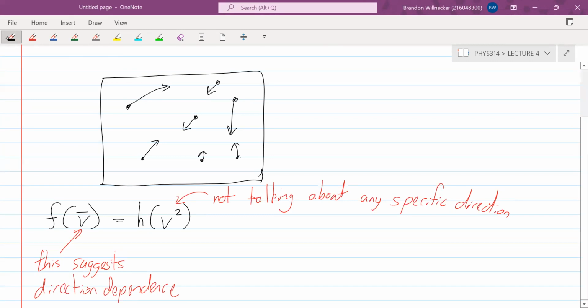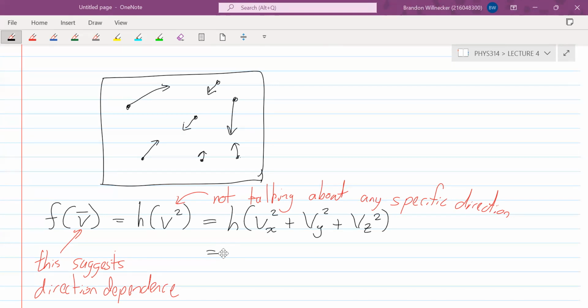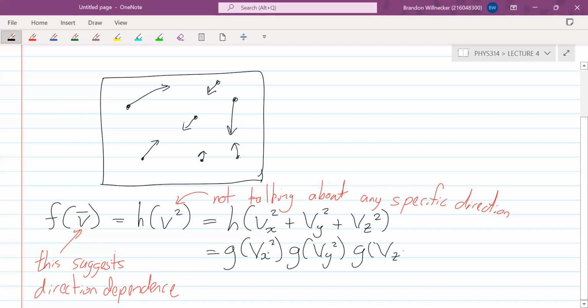Next, we're going to say that this velocity squared can be decomposed into the x component, y component, and z component. Again, just doing a bit of Pythagoras. So h of vx squared plus vy squared plus vz squared. But of course, if it doesn't depend on any particular component, then this can be broken up into 3 separate distributions being multiplied together. So this is some function g of vx squared, g of vy squared, g of vz squared.